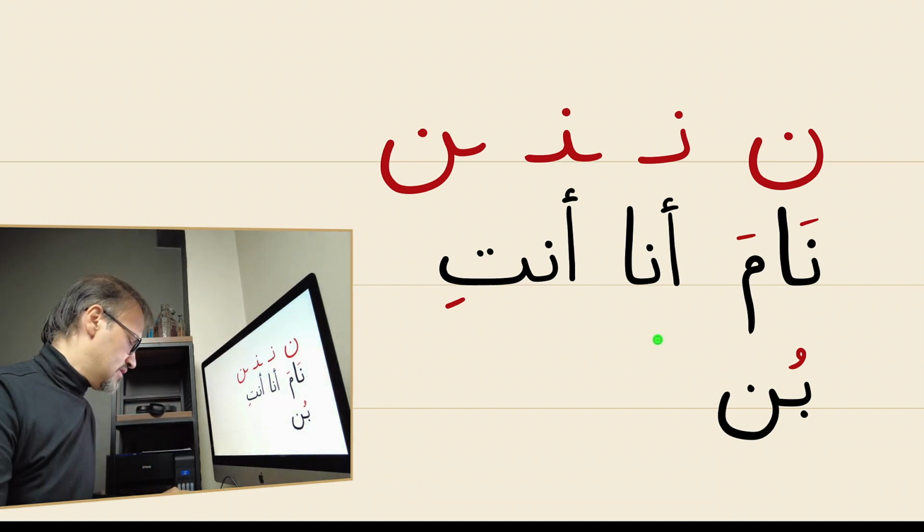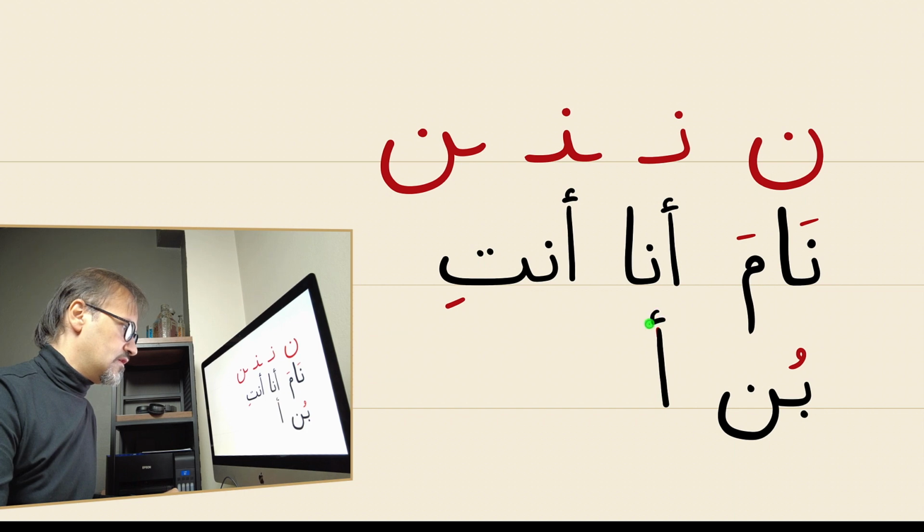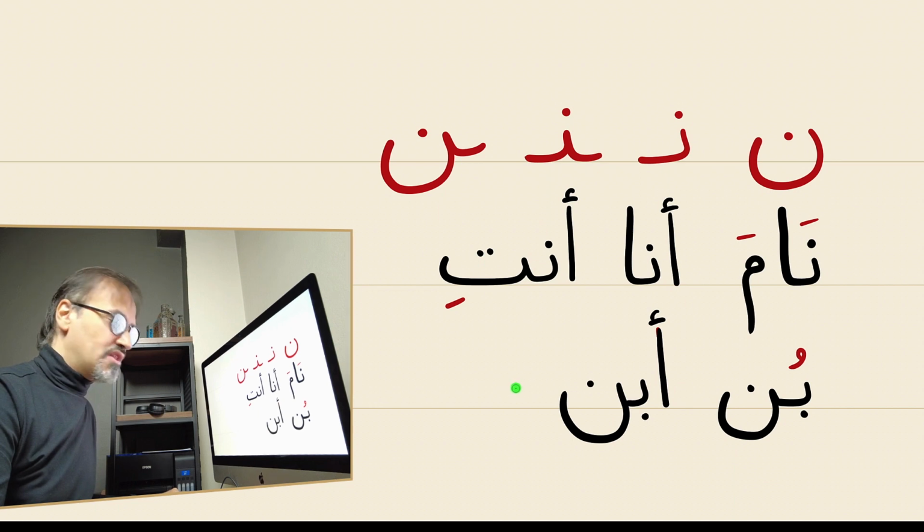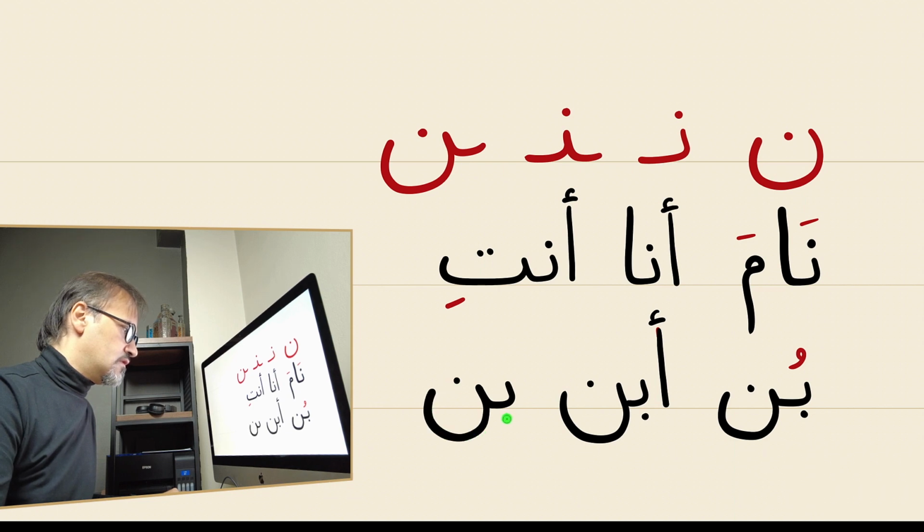It comes from the word like this. Ibn. And sometimes it's abbreviated to just bin. But it has a kasra over here. So bin. So look at this. This is bun, this is ibn, and this is bin.